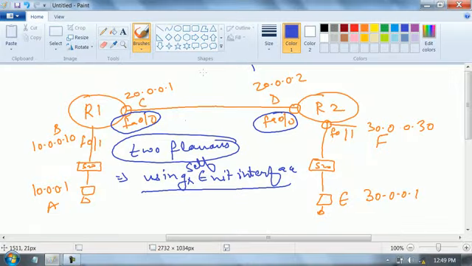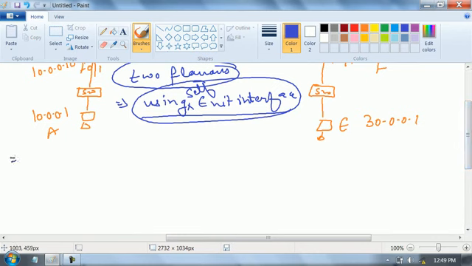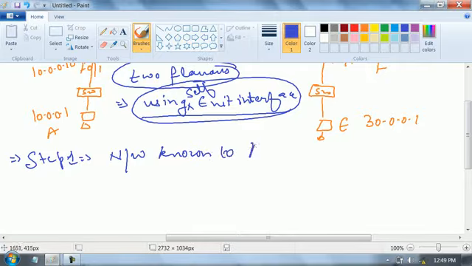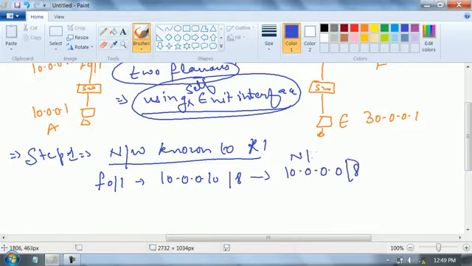Now guys, what do you mean by using self exit interface? Okay, just tell me first thing, first information, step 1. Network known to R1. By default, which networks are known to R1? On FA0/1 IP addresses. Agree?